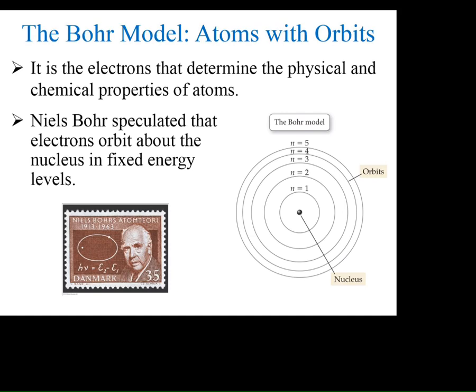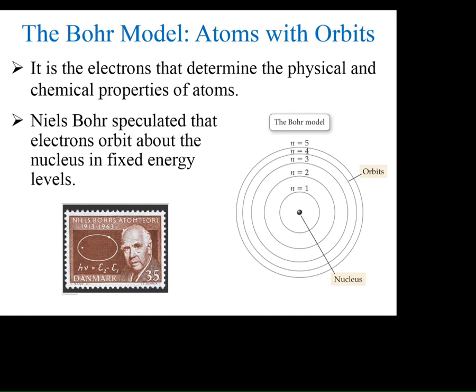Bohr's speculation was they weren't just going wherever they wanted to. They weren't just free to roam. They were only allowed to roam in certain what are called orbits. So kind of like this. Some electrons are in the first orbital. Some are in the second one. Some are in the third one.